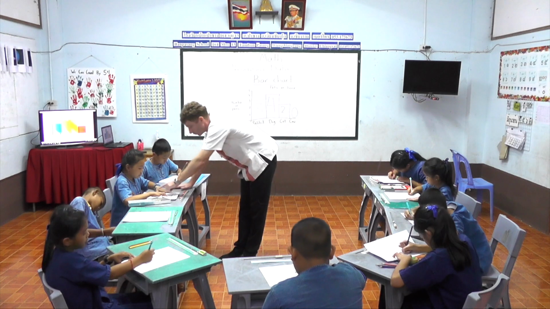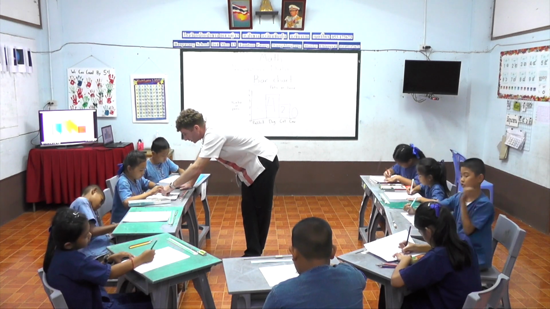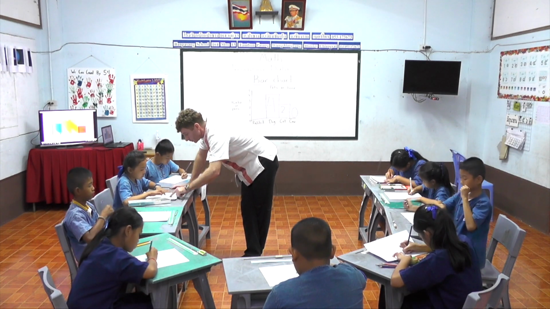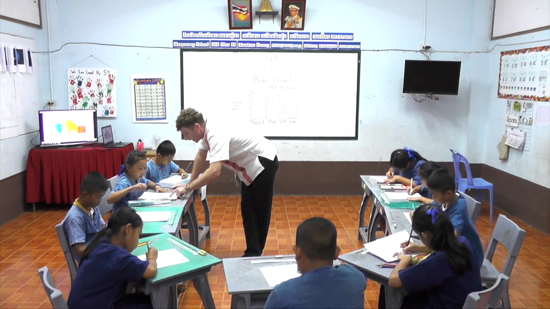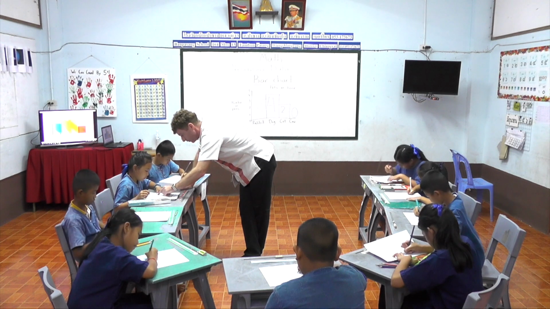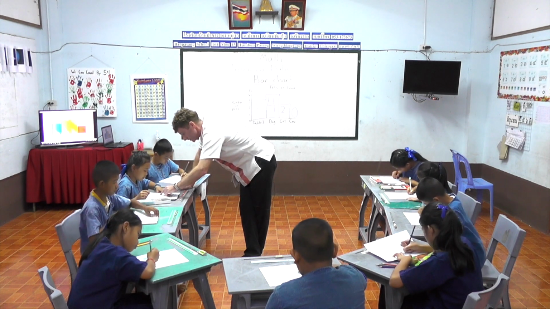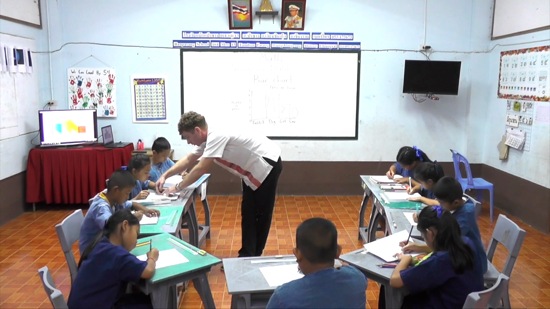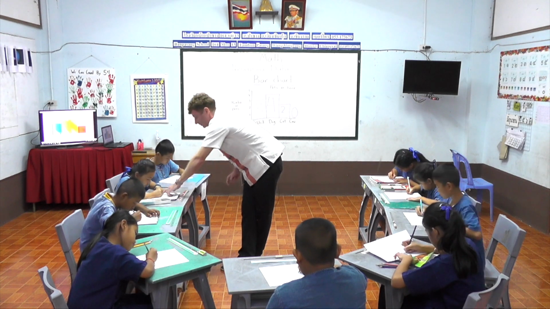Okay, so first sport, Nadia? How many people? 8 people. So 1, 2, 3, 4, 5, 6, 7, 8. You need to colour your bar up to 8.